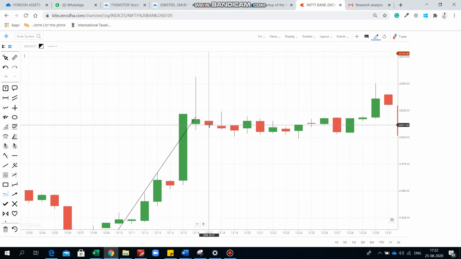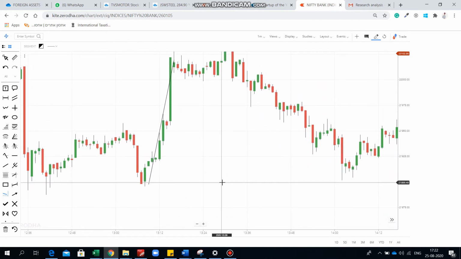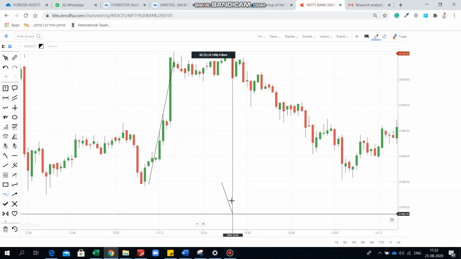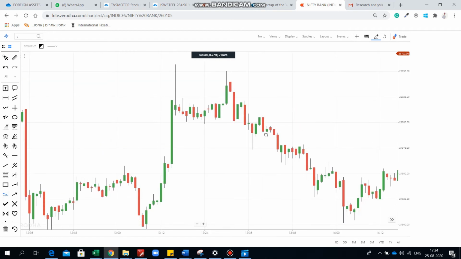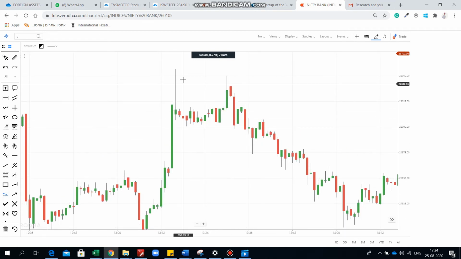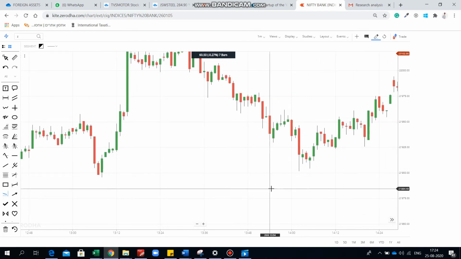So our entry is right here at 22010, and it went till here. You can see after this pin bar, which is a bearish pin bar, the market moved more than 150 points.